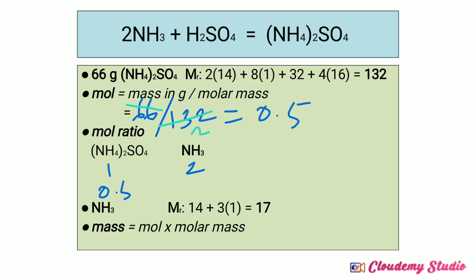We substitute that 0.5 mole of ammonium sulphate, and the ammonia will be X. How to calculate? Cross multiply.